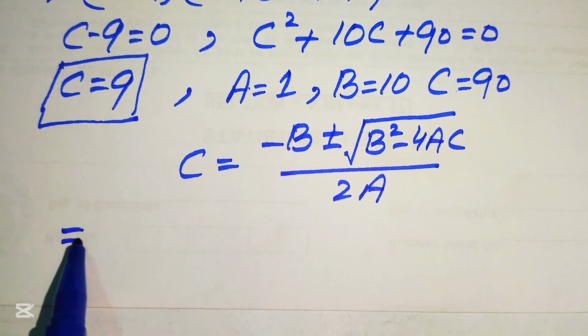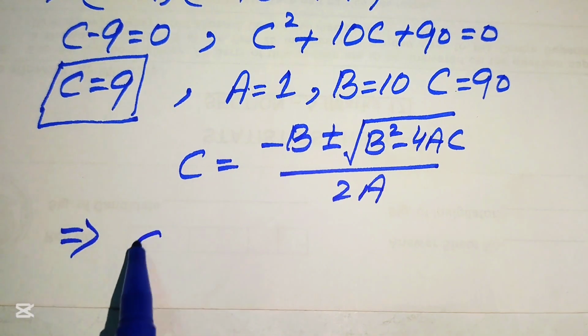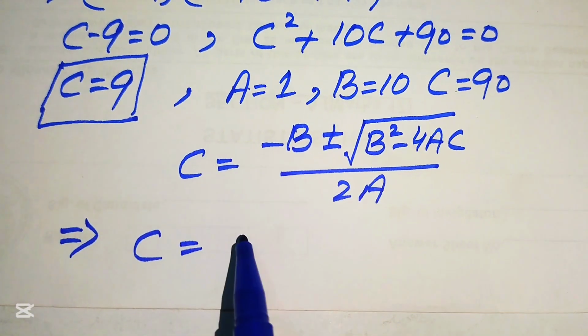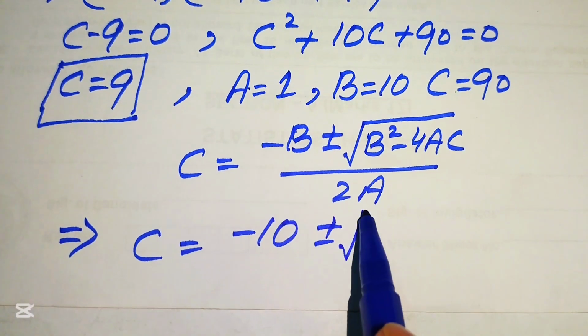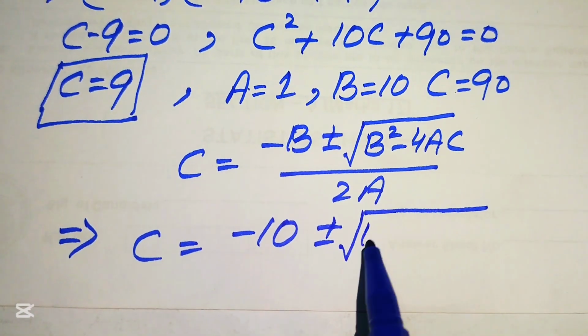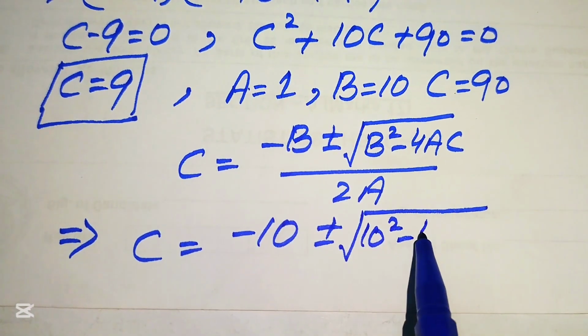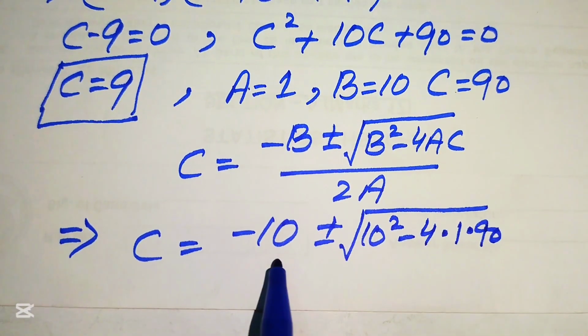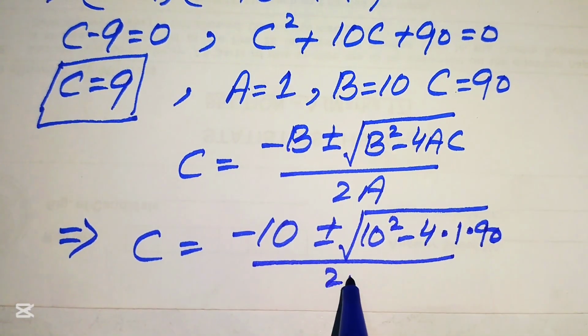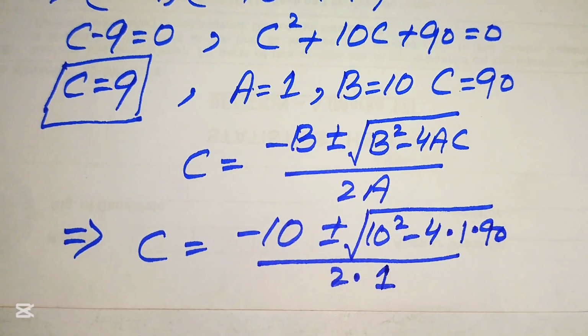Now we substitute the values of A, B and C here, and it will be written as -10 ± √(10² - 4 times 1 times 90), divided by 2 times A, where A is 1.